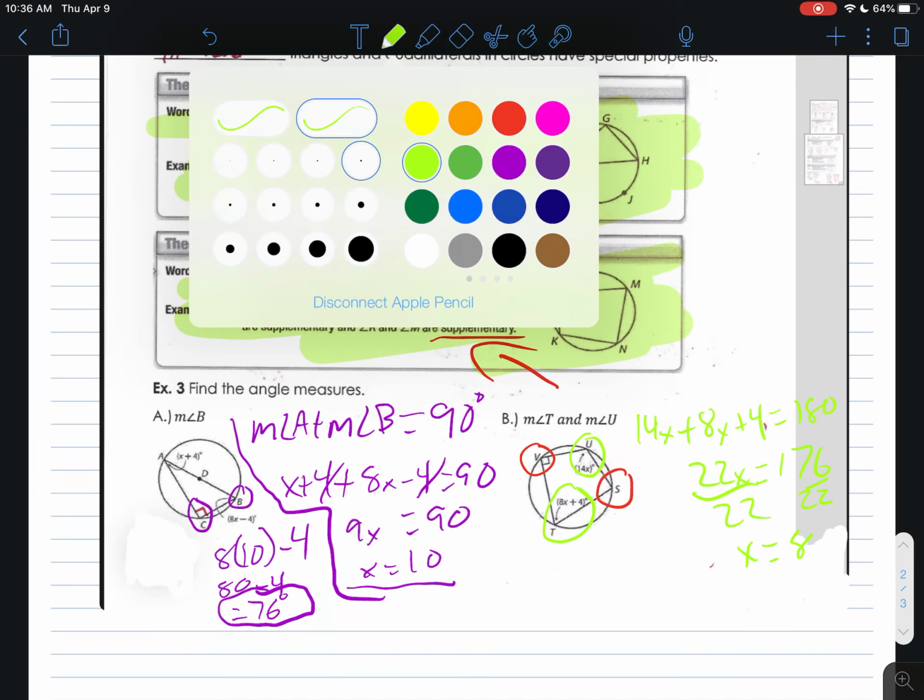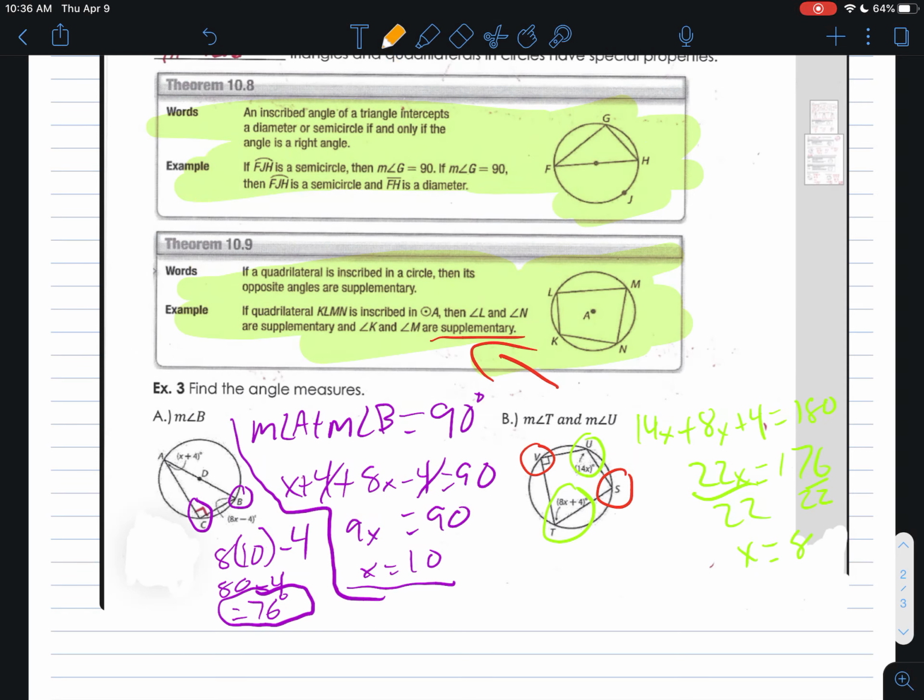So go with orange for t. So it's going to be 8 times 8, which is 64, plus 4, 68 degrees.